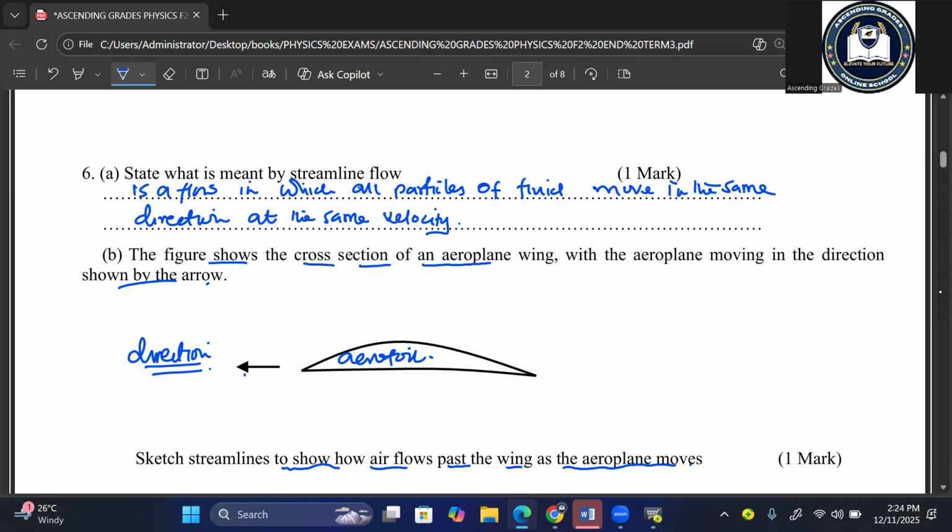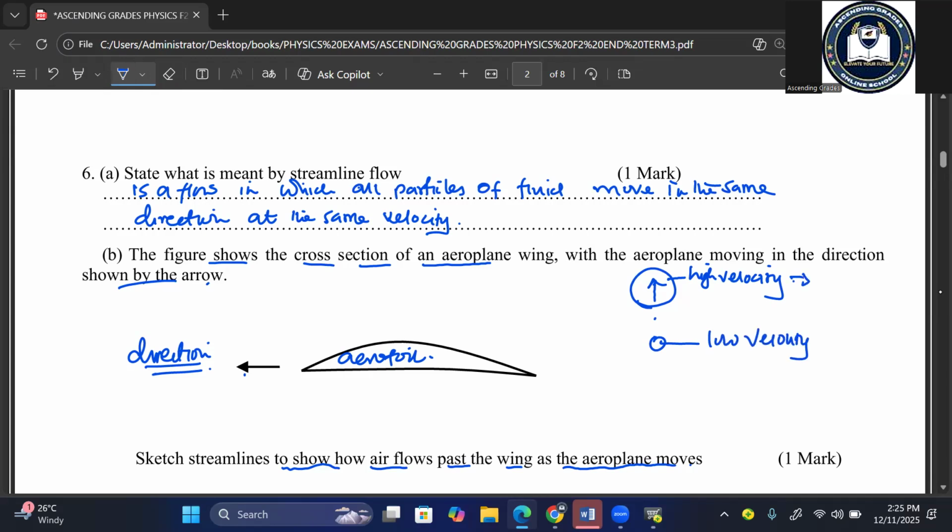Before drawing, you must understand that this is supposed to help the plane to move upwards, meaning that at the top we shall be having high velocity, and at the bottom we have low velocity.